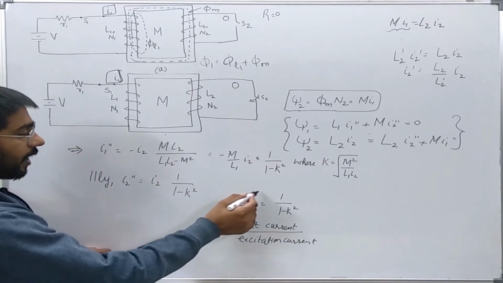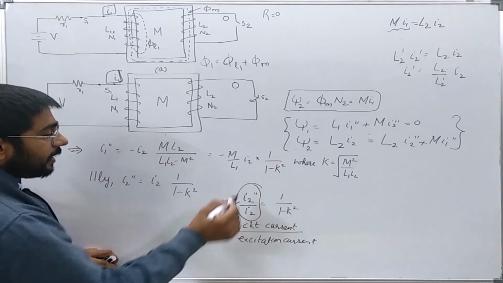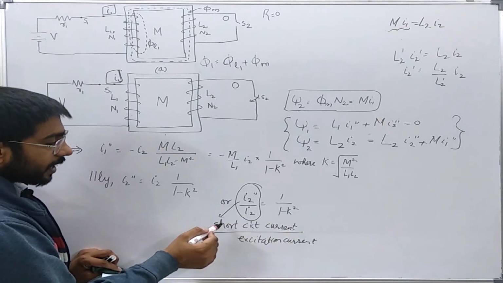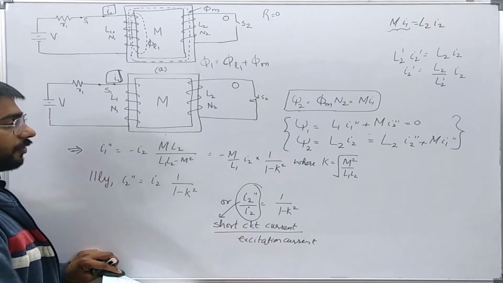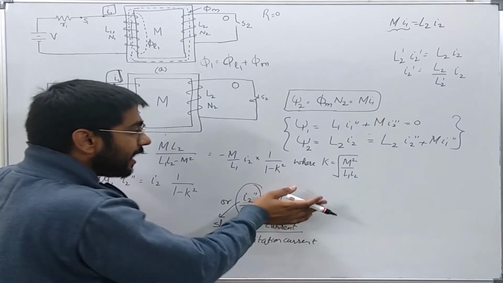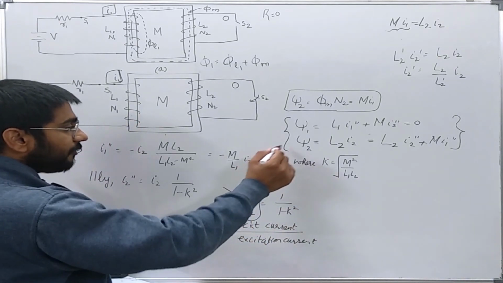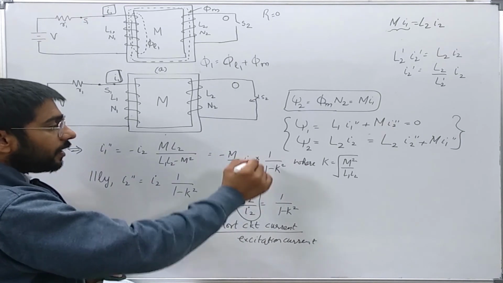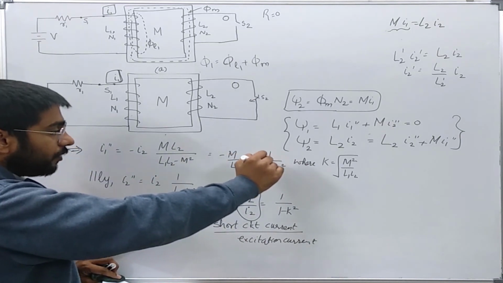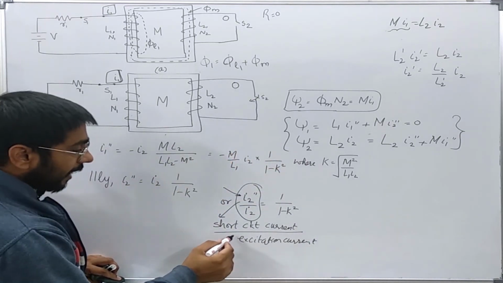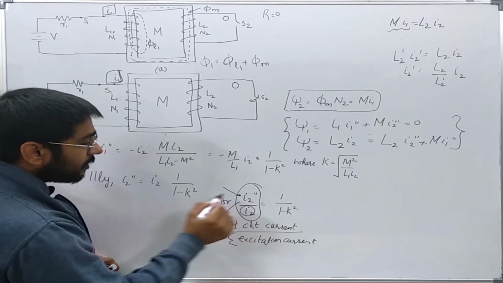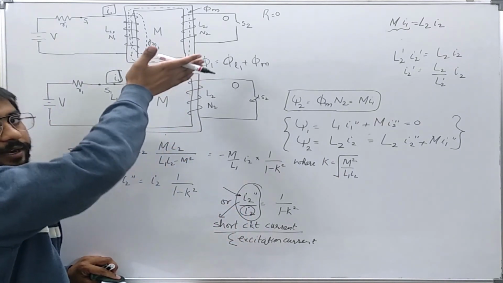Now the ratio of I2 double prime over I2 is nothing but the short circuit current over excitation current. If we see just the previous slide, we will find that I2 double prime is nothing but the current which is flowing when there is a short circuit in the primary side also. You can verify that. Now excitation current, this I2 is just the current which is flowing due to excitation.